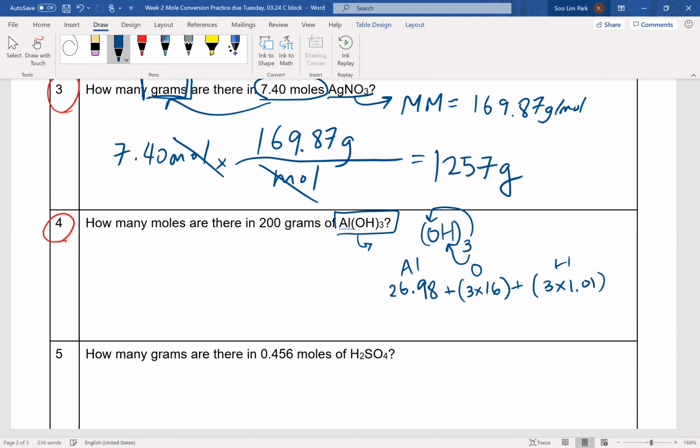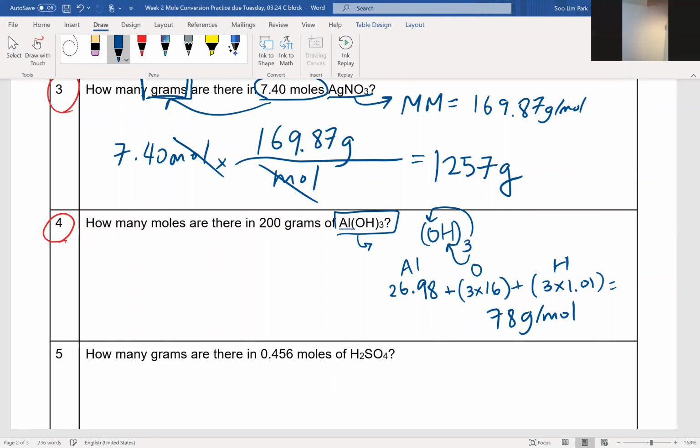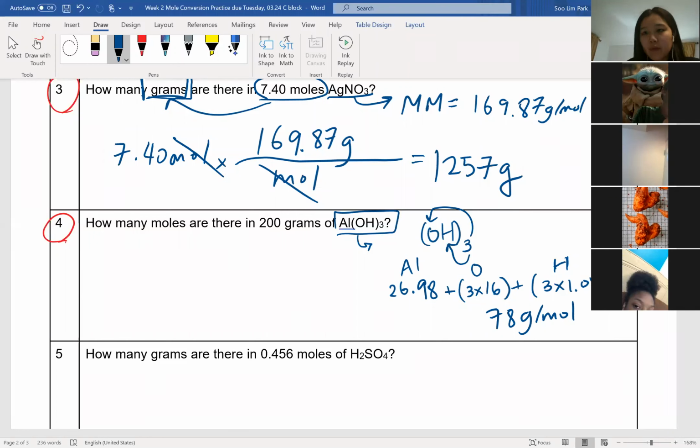So this is going to be the molar mass calculation, right? And I get about 78 grams per mole. Did you guys get that? Yeah. All right, so that's the molar mass of aluminum, I mean, aluminum hydroxide. All right, so let's go back to the problem.